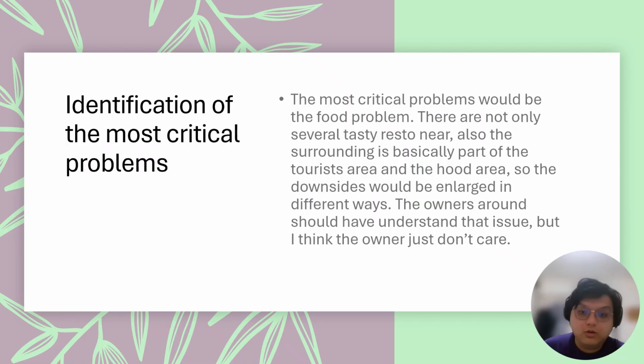You should know that as the owner. You should be well aware of what you should do with your restaurant to have a good business. But the owner seems to just not care about the situation they're facing.